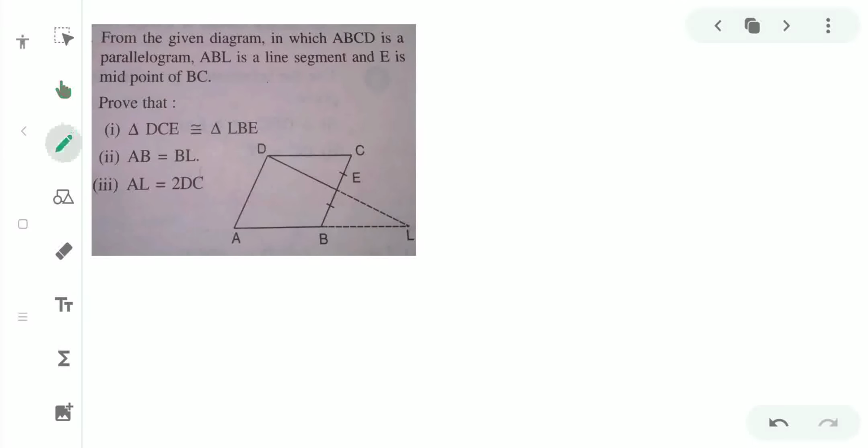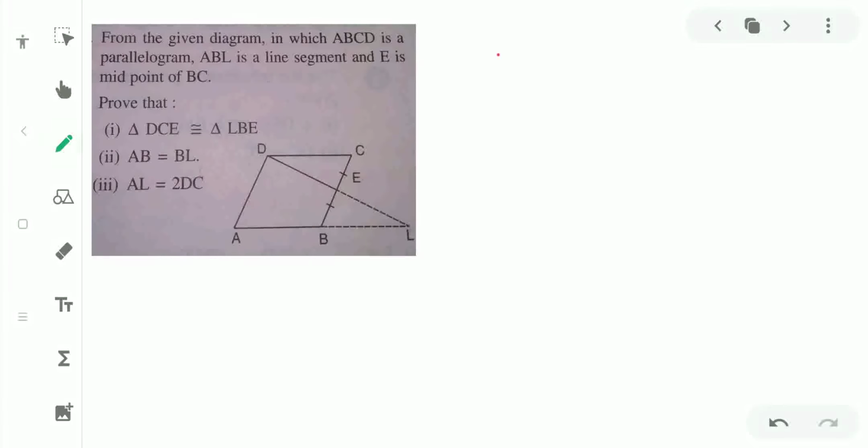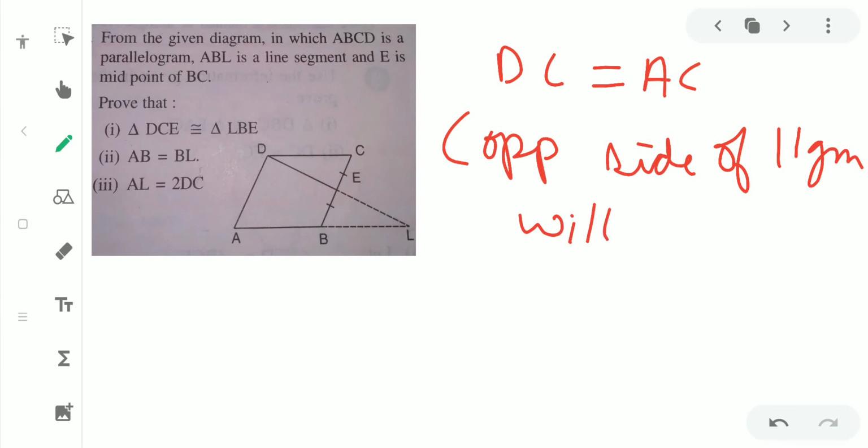Now we know DC is equal to AB, as I have said, opposite sides of a parallelogram will be equal.